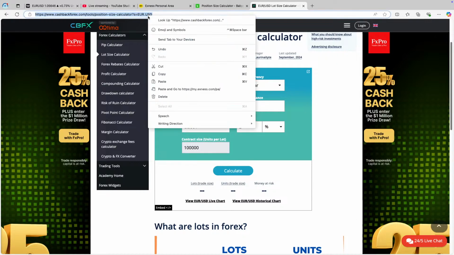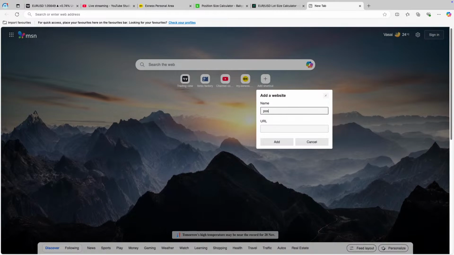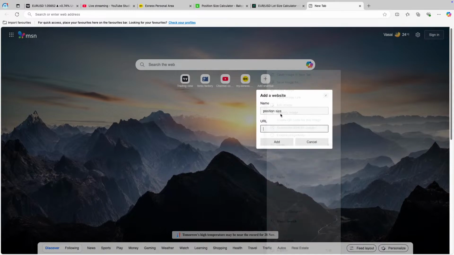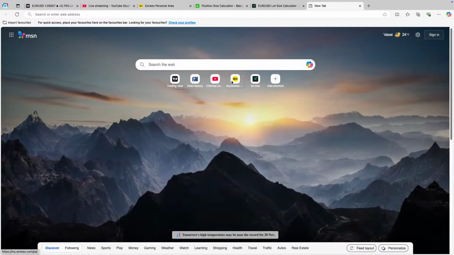I'm going to copy this, positions, lot size, I would say, lot size. So 1, 2, 3. And this is what is required for us.